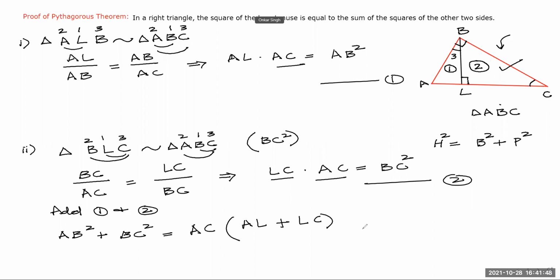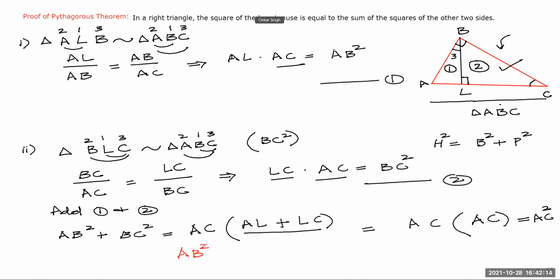AL plus LC is AC. So this is equal to AC into AC, which is AC square. So beautifully, the Pythagoras theorem is proven: one side AB square plus the other side BC square is equal to AC square.